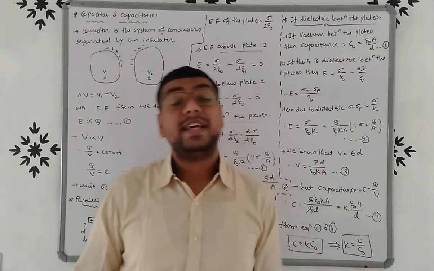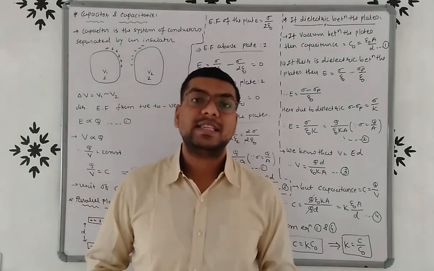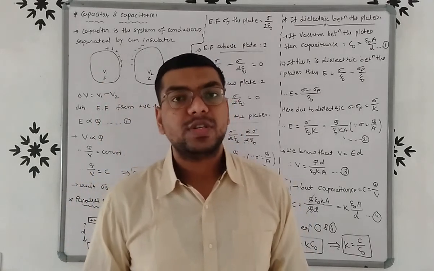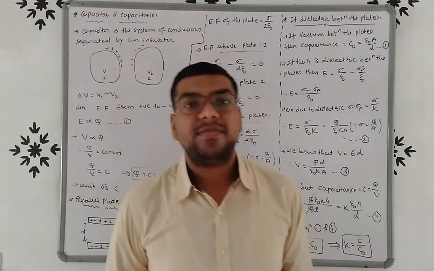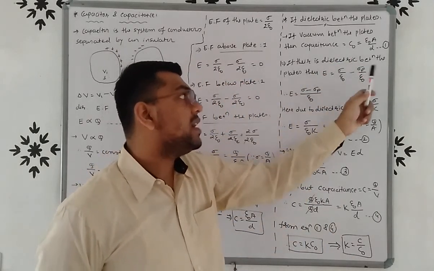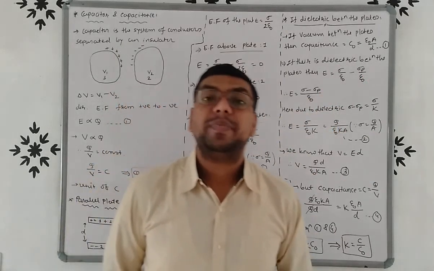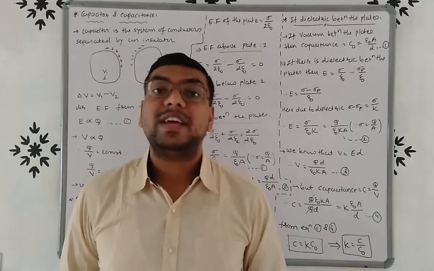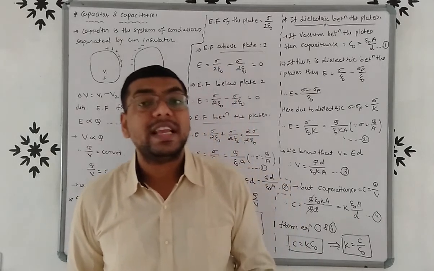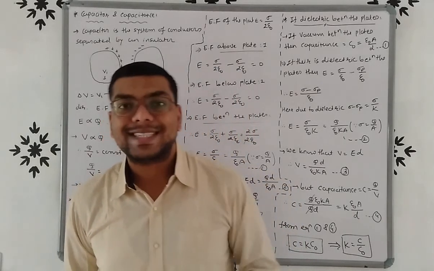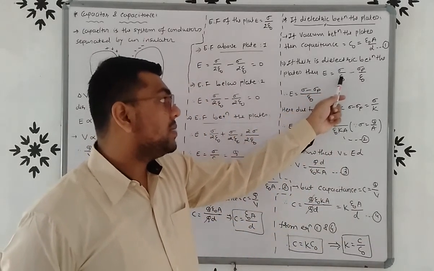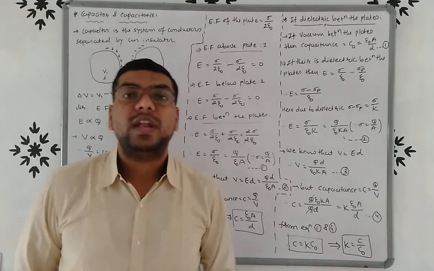Once again friends, if there is a dielectric, then we know that polarization occurs. Due to this, an electric field will be produced, so there will be a change in the electric field. How much? Sigma upon epsilon 0 minus sigma p upon epsilon 0. Sigma p upon epsilon 0 is the electric field due to the polarization. So E is equal to sigma upon epsilon 0 minus sigma p upon epsilon 0.